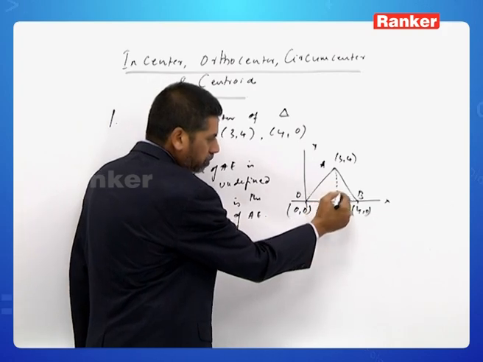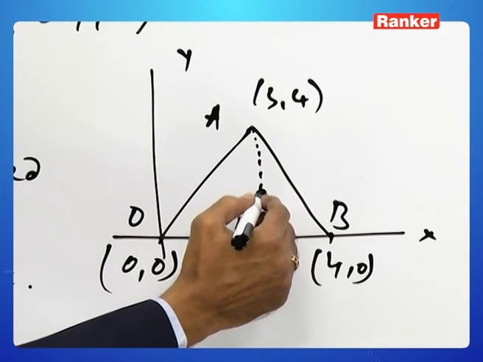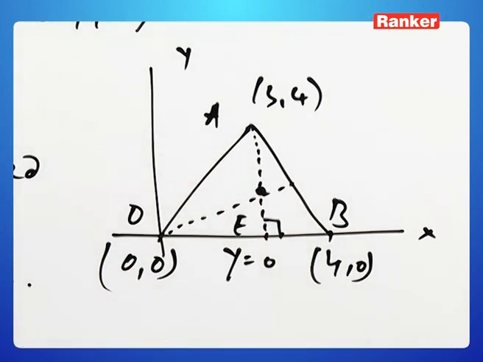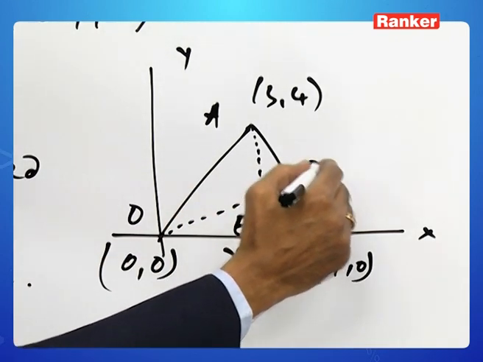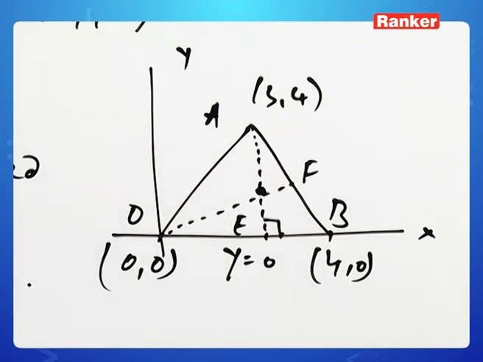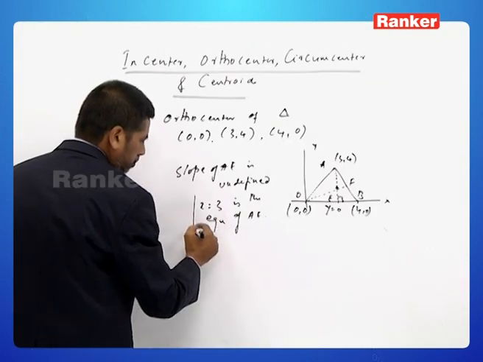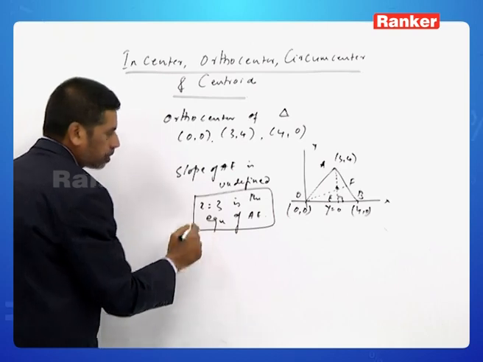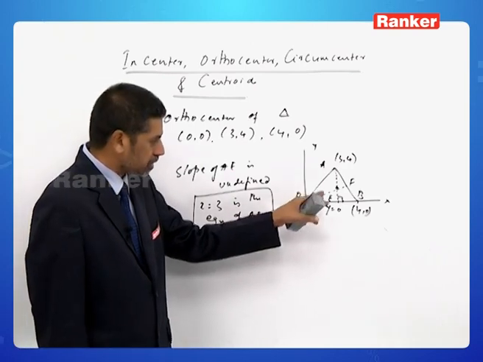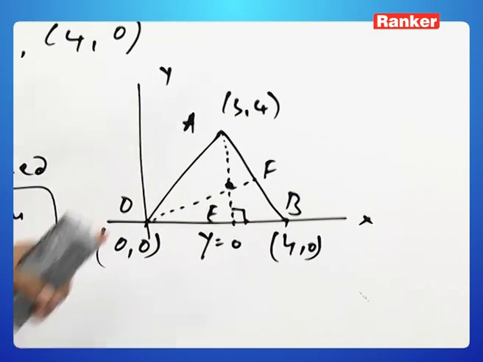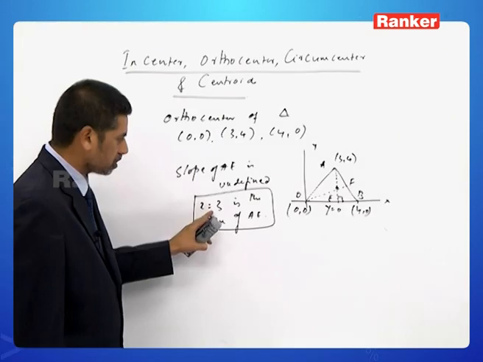So you can take this as the orthocenter, which is a point of intersection of, let us say, OF and AE. Now what is the equation of, or rather the slope of OF? Now you can see that AE is perpendicular to the x-axis, therefore the equation of that line will be x = 3. So that's the equation.